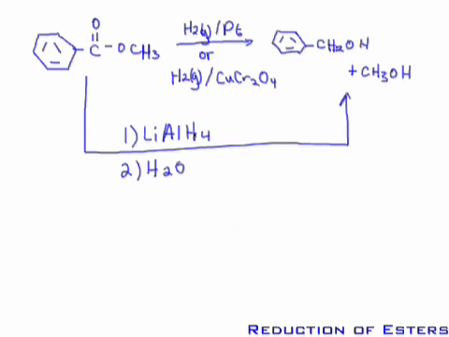Aluminum hydride essentially puts H- on. You eliminate the alkoxide, producing aldehyde. Further reduction will lead to benzyl alcohol. Let's take a look at the mechanism, or proposed mechanism, for the metal hydride reduction.